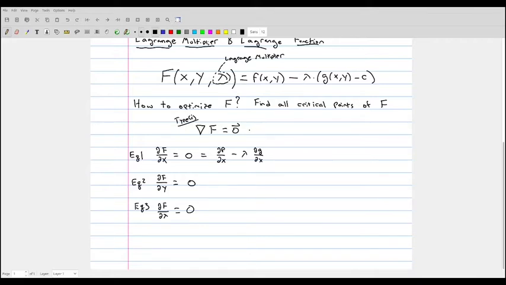It's important to note that this gradient of capital F means the partial derivative with respect to x, with respect to y, and with respect to lambda, because this is a function of 3 variables. So we have that this has to be equal to 0.